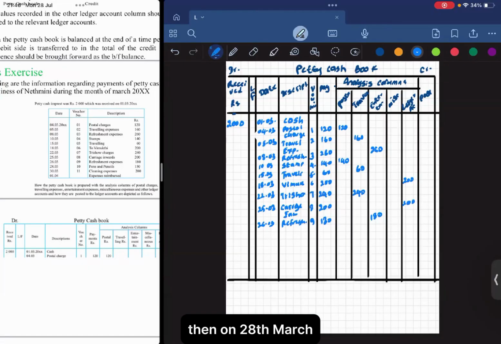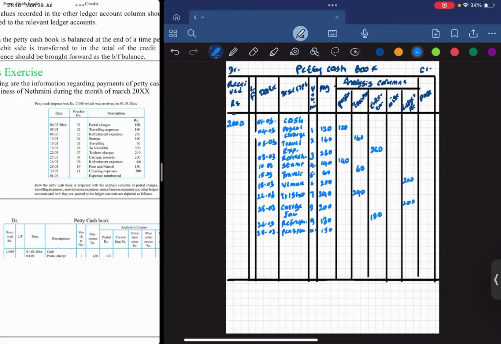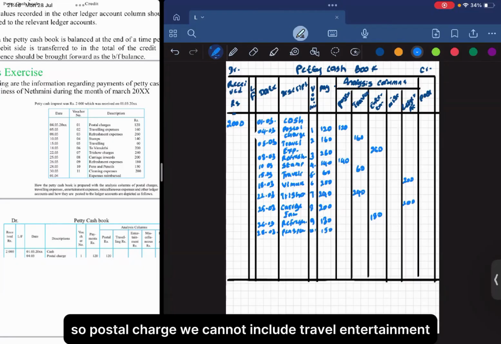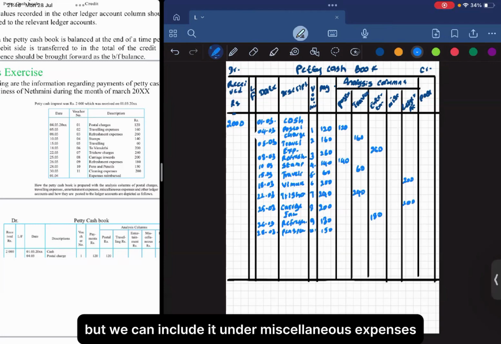Then on 28th March, we have pens and pencils. Now, that expense is 150. So, postal charge, travel, entertainment, we cannot include it under them. But we can include it under miscellaneous expenses.